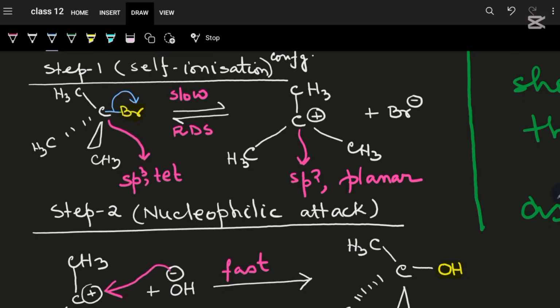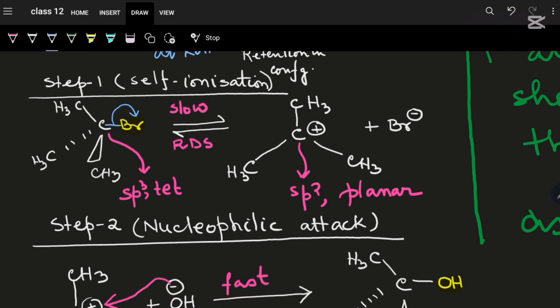Now the step 1, in this mechanism, includes self-ionization. The C-Br bond breaks in presence of a polar protic solvent. This C-Br bond breaks where the carbon was having sp3 hybridization and the structure was tetrahedral.